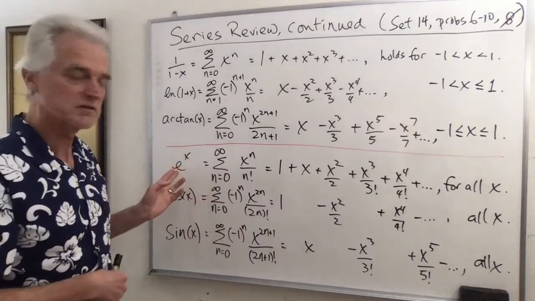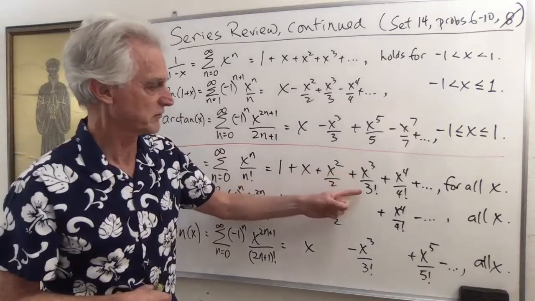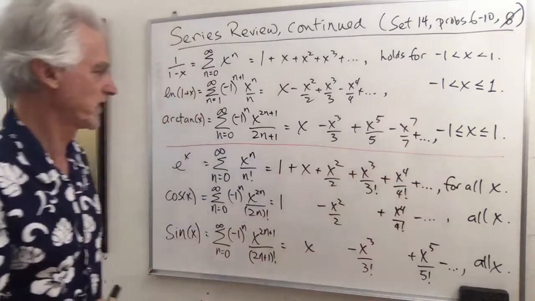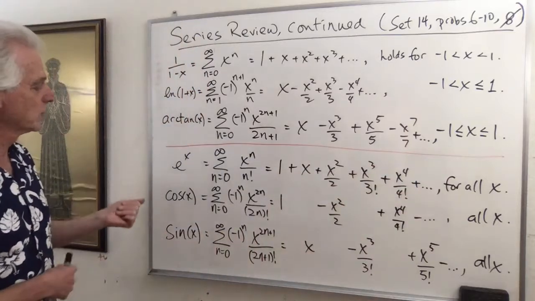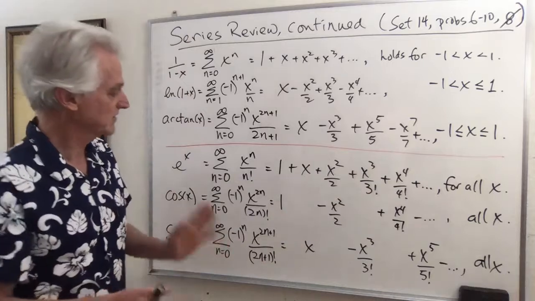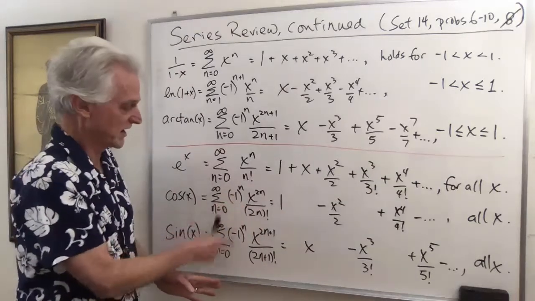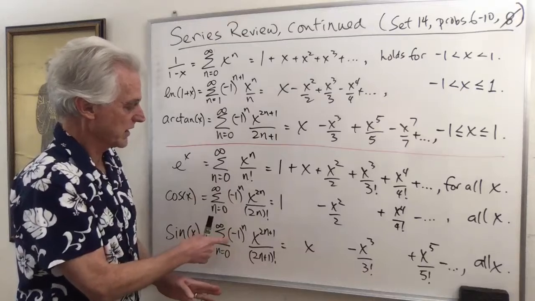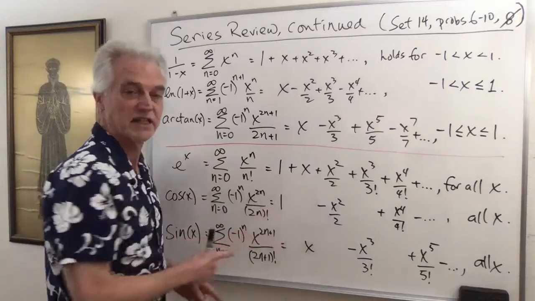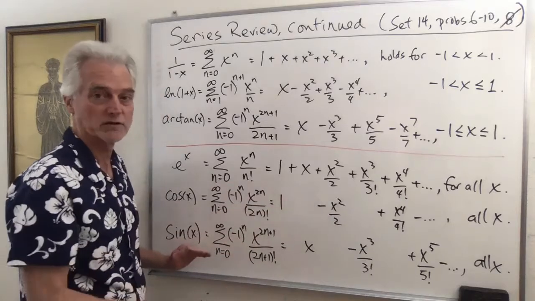First, the series for e to the x: 1 plus x plus x squared over 2 plus x cubed over 3 factorial plus x fourth over 4 factorial, etc. Very useful. Cosine and sine are very similar, except they have an alternating sign, okay, pluses or minuses, and the cosine only has even powers of x, and the sine only has odd powers of x.